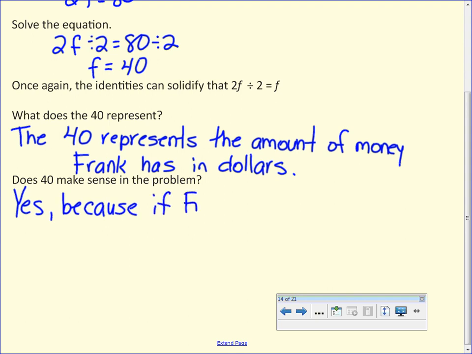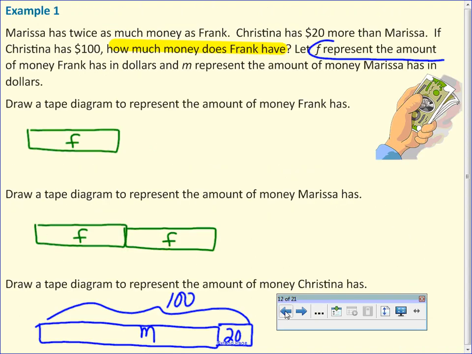Because if Frank has $40, then what do we know? Go back and look at your tape diagrams. If Frank is 40, what do we know?